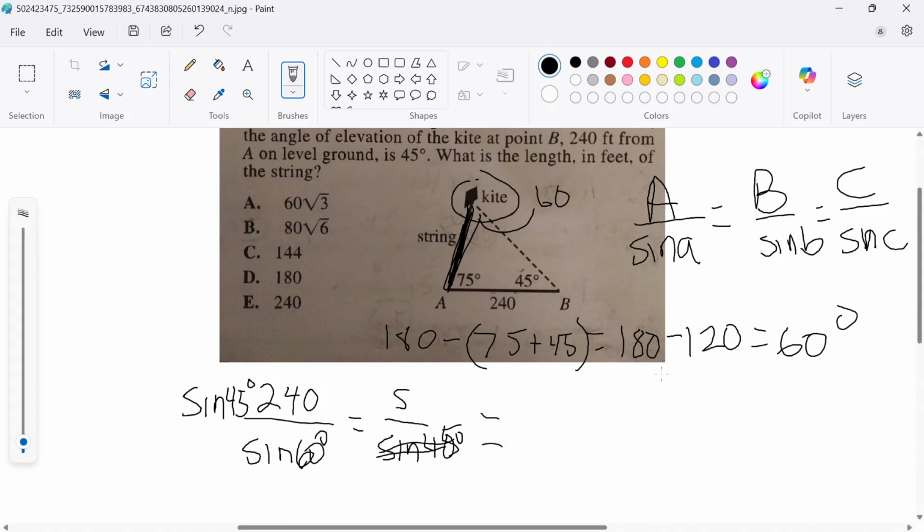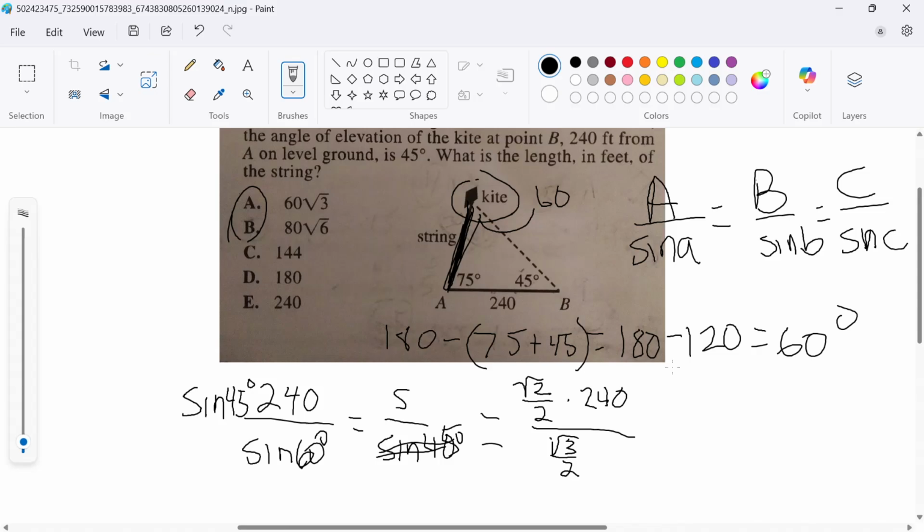Well, you can use your calculator at this point. You might have to convert these into decimal numbers and compare, but I will use the knowledge of the unit circle. Sine of 45 degrees is square root of 2 divided by 2 times 240, divided by the sine of 60 degrees, which is square root of 3 over 2.